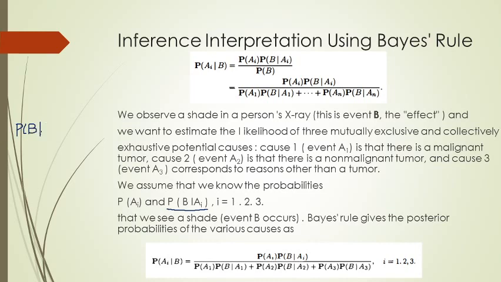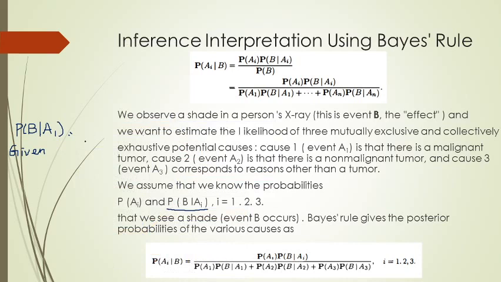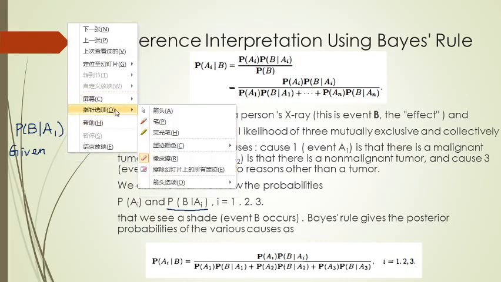For example, when i is 1, that means, given there exists a tumor, then we can observe a shade in the X-ray result, right? It's for the patient.